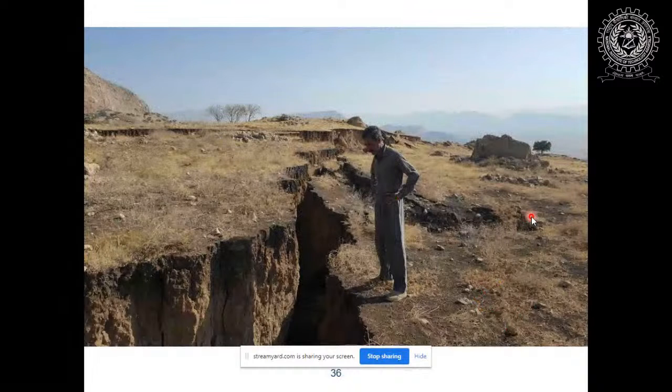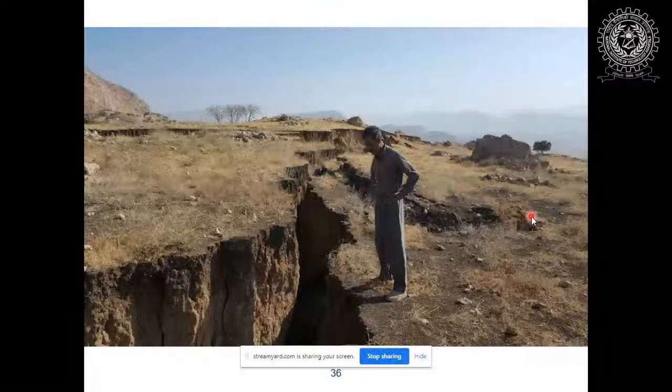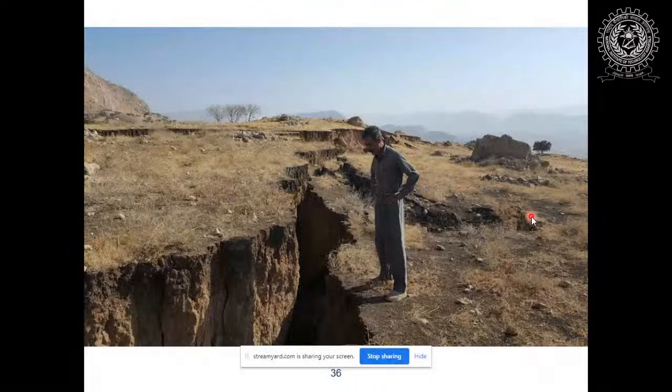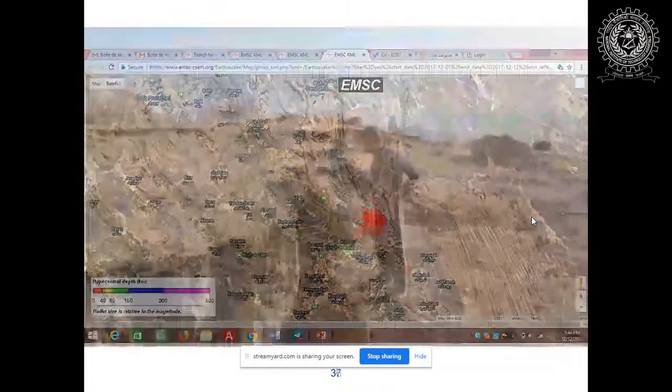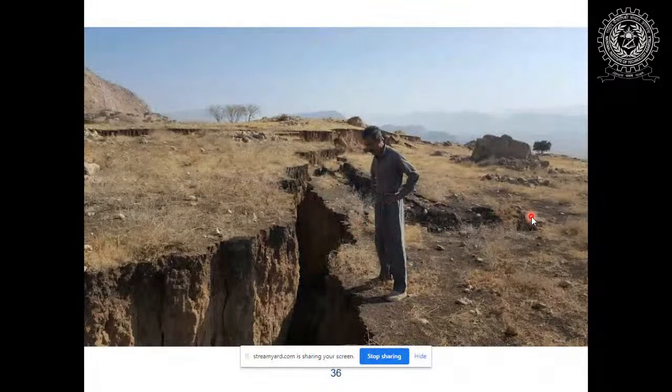Okay, these are some surface displacements due to the landslide after the November 2017 Sarpol-e Zahab earthquake. But as I told you, we observed all the epicentral region, and we couldn't find any evidence of earthquake surface fault rupture.